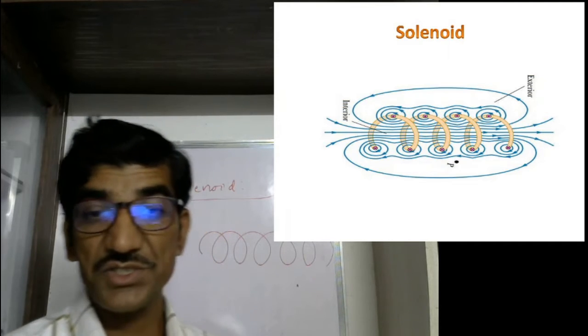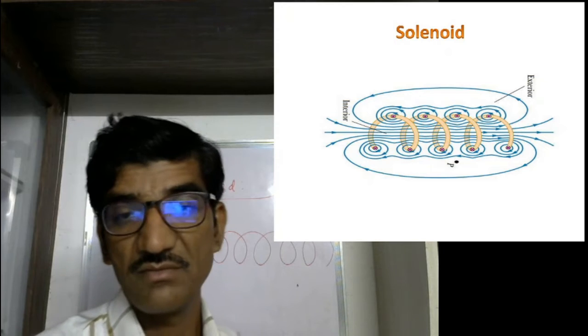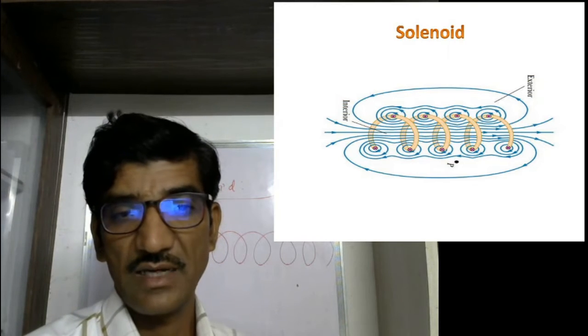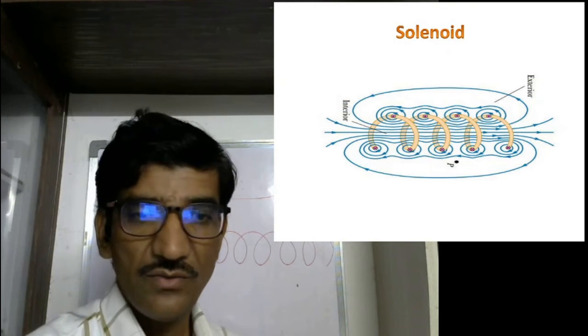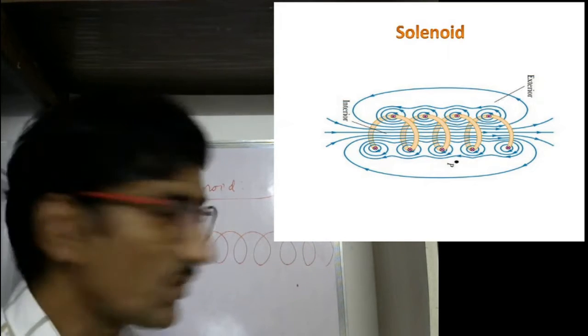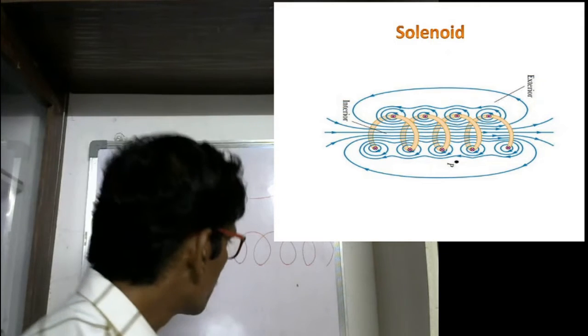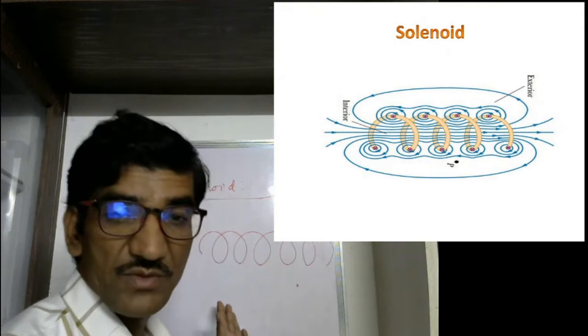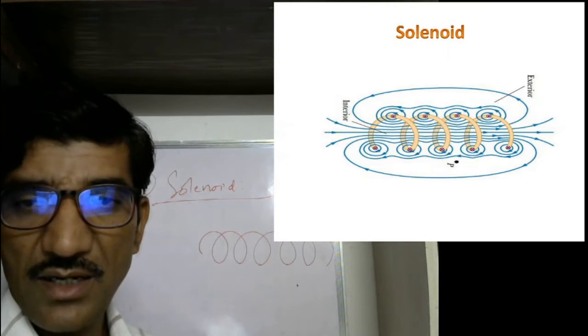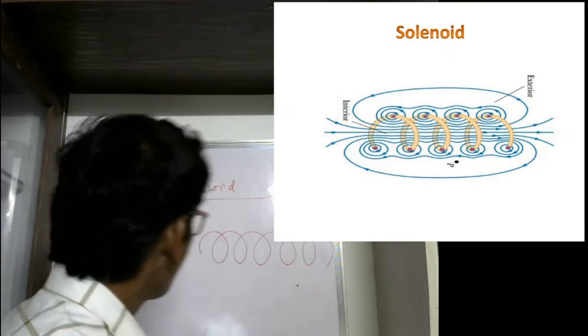What type of energy is stored inside this coil when current flows through it? Whatever work you do, that work itself is stored in this coil as magnetic energy. Right.